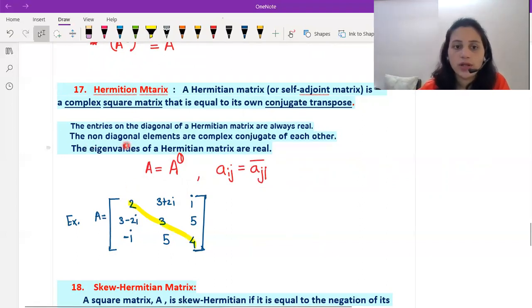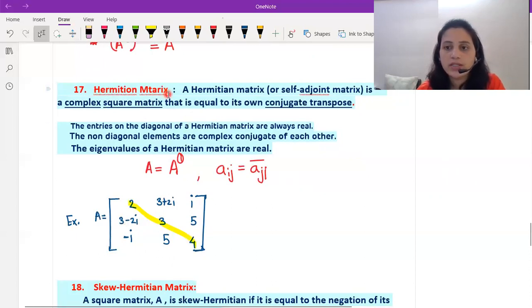And what about the non-diagonal elements? The non-diagonal elements are complex conjugates of each other. The non-diagonal elements are 3 plus 2i, i and 5. So the complex conjugate of 3 plus 2i is 3 minus 2i, the complex conjugate of i is minus i, and the complex conjugate of 5 is 5. Okay, so this is the Hermitian matrix.